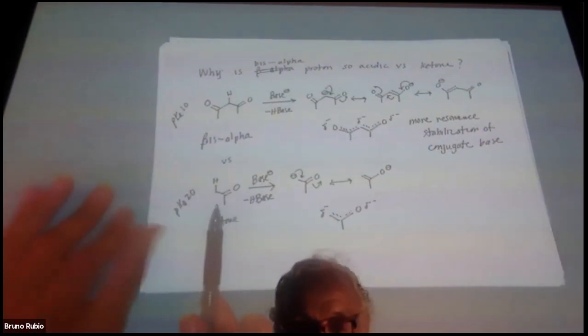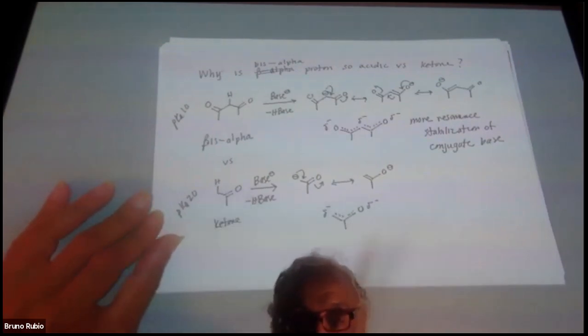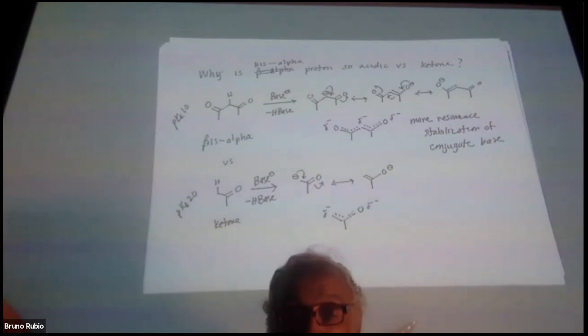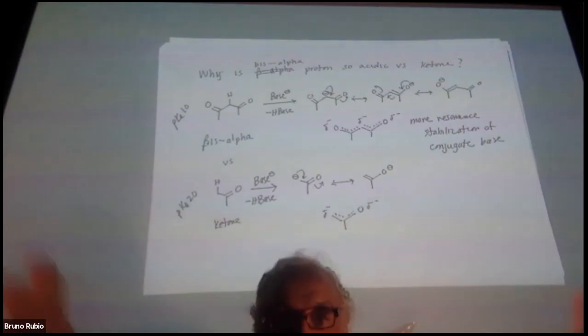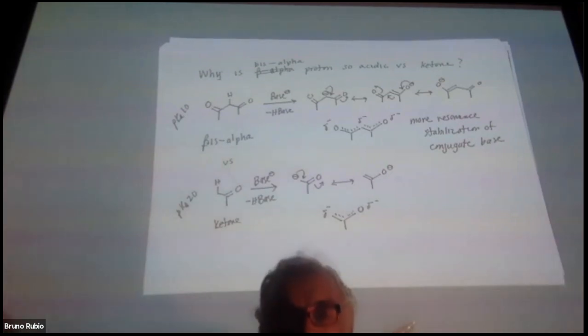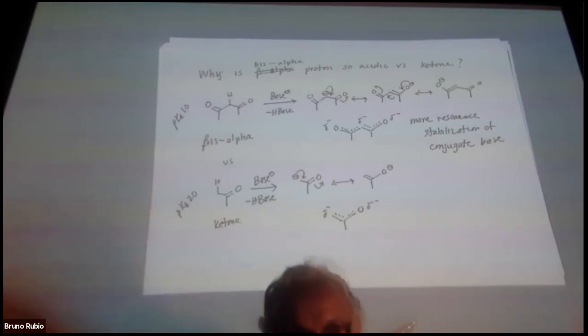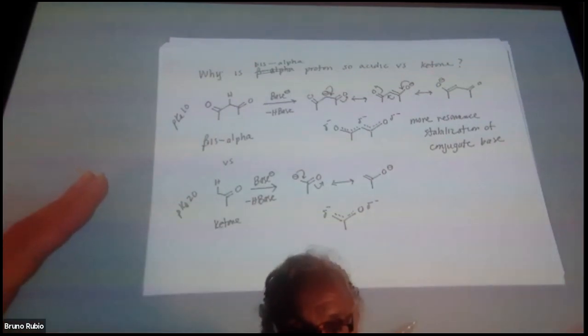The ketone proton, well, when the ketone proton is removed, we also get resonance stabilization, but not as much. And remember our important concept that a strong acid has a weak conjugate base and a weak acid has a strong conjugate base.